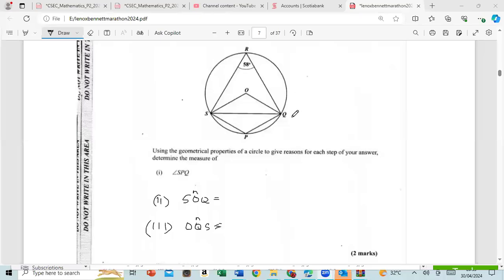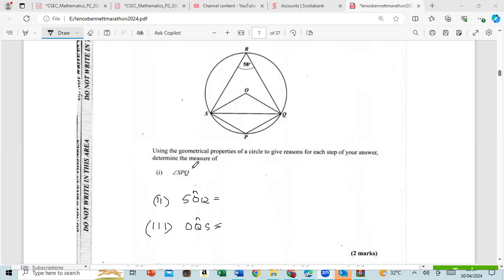The circle theorem vectors, this is a compulsory topic, so look out for it. But I would suggest persons go back over the rules because they're so hard to see. It says use the geometrical properties of a circle to give reasons for each step of your answer. So they don't just want you to give the angle, they want you to give the reason.